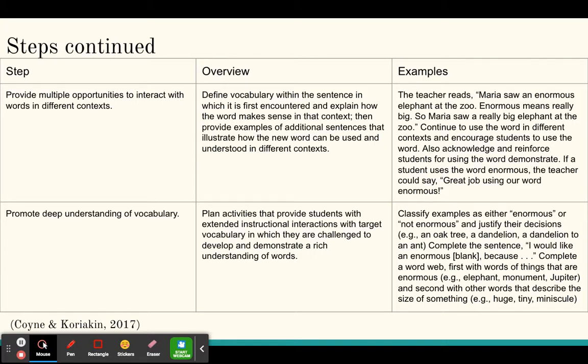Is an oak tree enormous? Yes, right? Is a dandelion enormous? No. They can complete the sentence, right? I would like an enormous ice cream cone because more ice cream, right? It's a really big ice cream cone. And then they might complete a word web, so words that are enormous. And then, changing it to describing something, things like that.